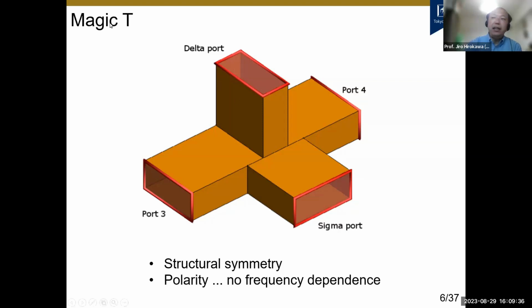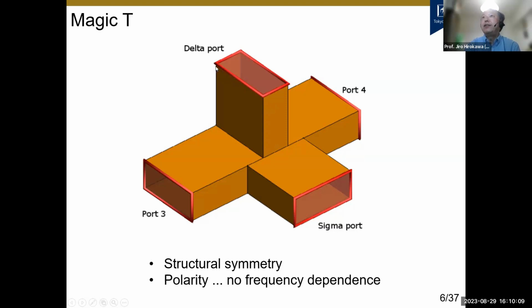In the magic T, we have two input ports, sigma and delta, and two output ports. For input from the sigma port, the output ports have in-phase division, while for input from the delta port, the outputs have an alternating phase difference.